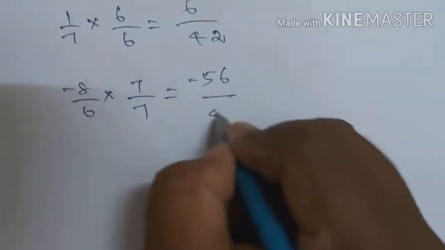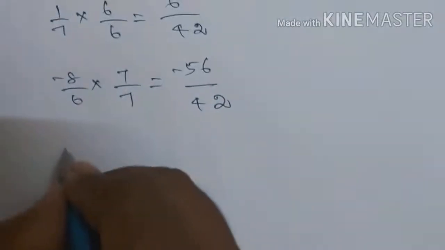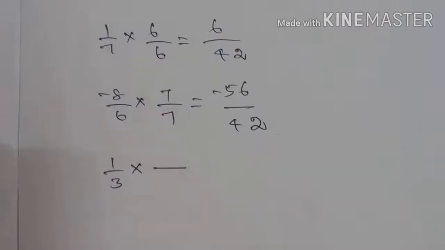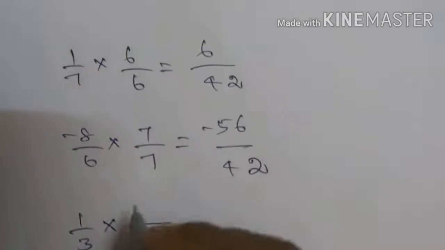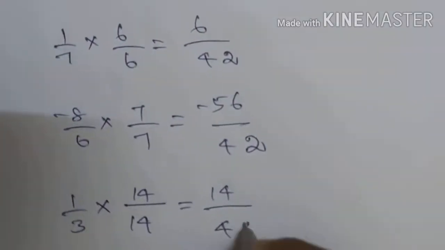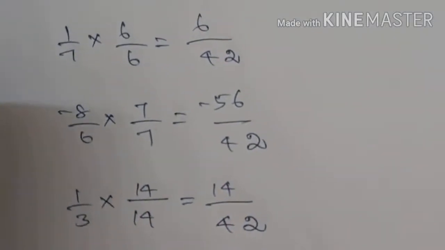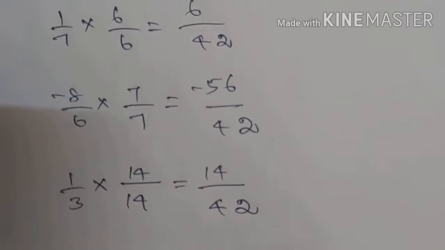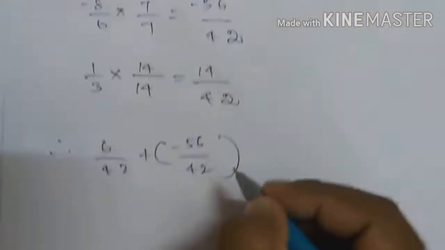So 14 by 14 equal, 1 14s are 14 by 42. So 6 by 42 plus minus 56 by 42 and plus 14 by 42.